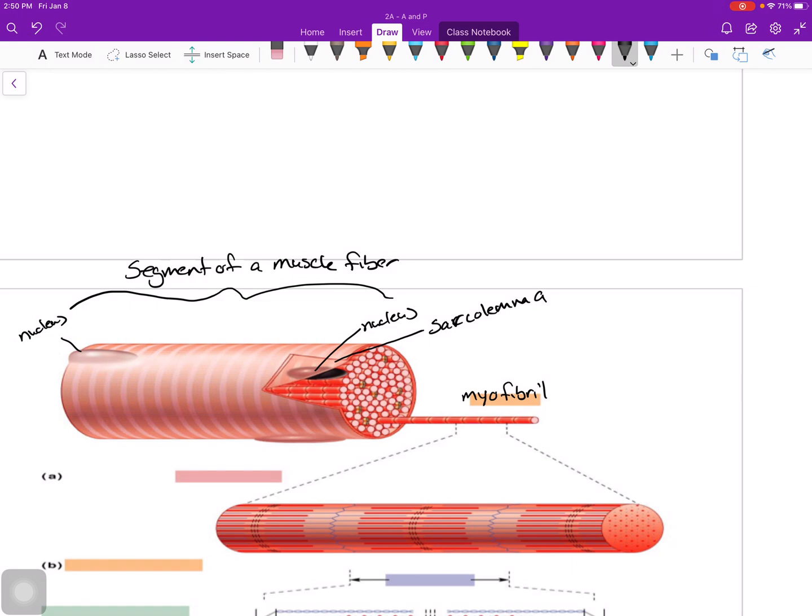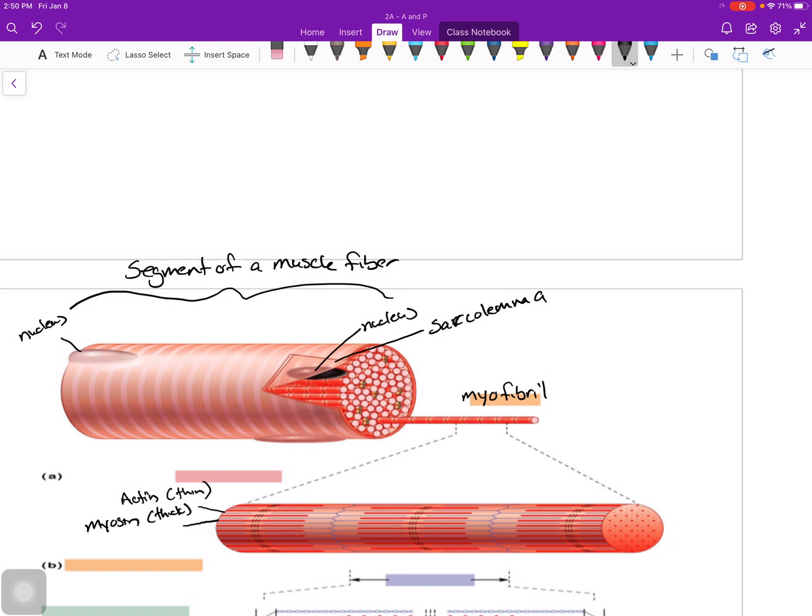All right, now what I'm looking at next is my thin filament, which is in the blue right here, which is actin, and I'm going to write thin next to it. And then in red, you're looking at myosin, which is your thick filament.